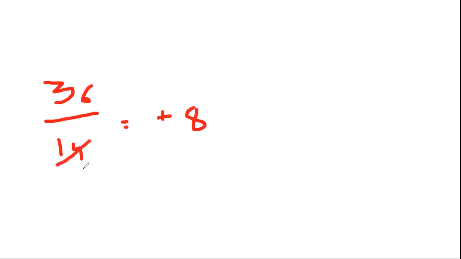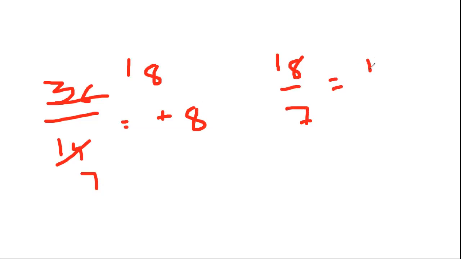If I write 2 sevens are 14 and 2 eighteens are 36, so it is 18 by 7 now. Now, if it is 18 by 7, what is the remainder? Remainder in this case is plus 4. Right. So you are getting different remainders, right?